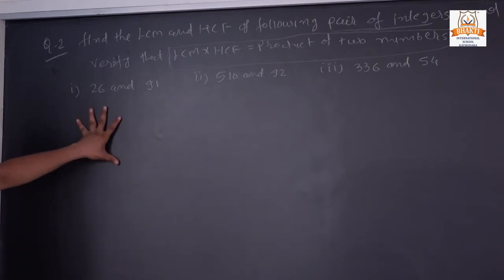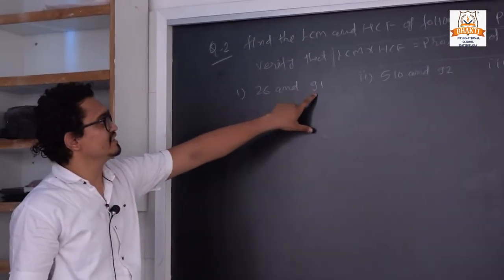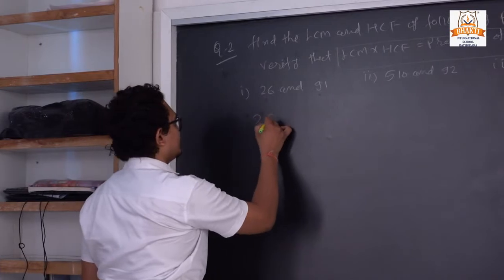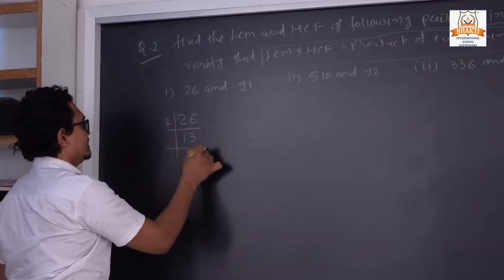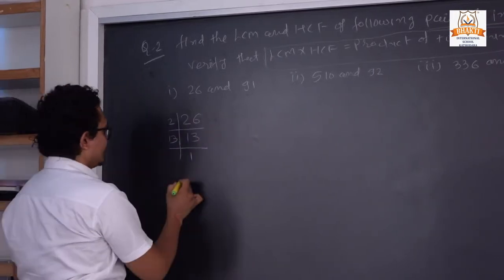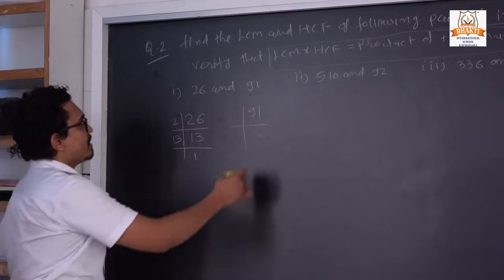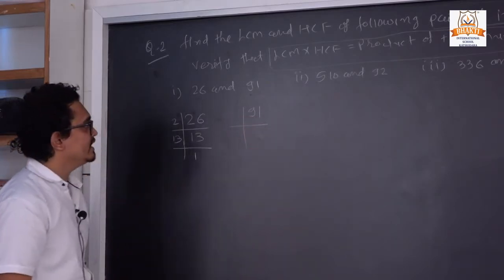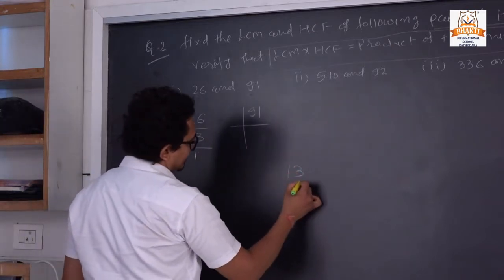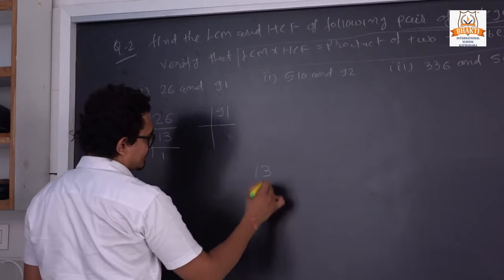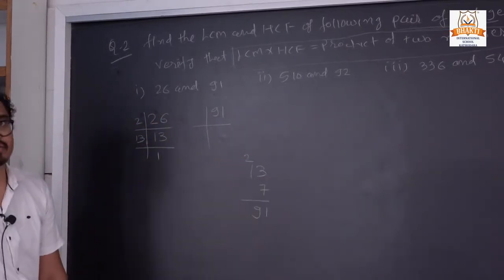So let's start with our question number first. We need to find the factors of 26 and 91. So what are its factors? 26 means it is divisible by 2, so 13, and 13 1s are 13. So we can write that. And 91. First of all, which table is it in? 13. 7 1s are 7, 7 3s are 21, so it will be 91.